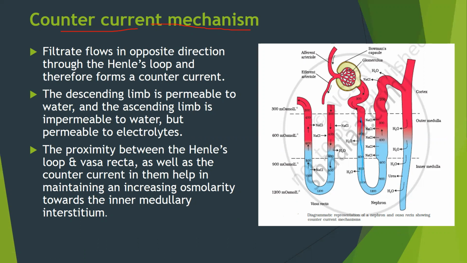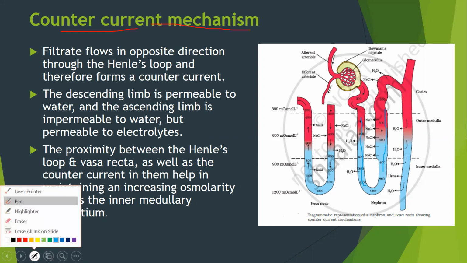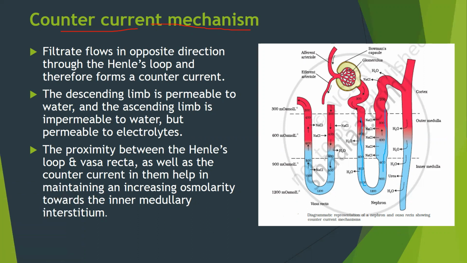This is the descending limb of the loop of Henle, and this is the ascending limb. In these two limbs, the filtrate is flowing in opposite directions. In this limb, it is flowing downward, and in this limb, it is flowing upward.